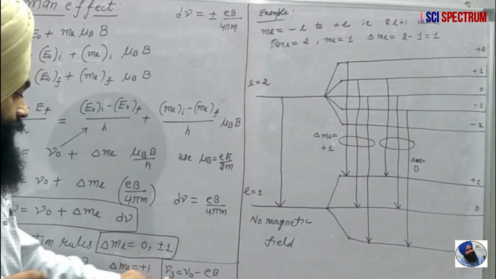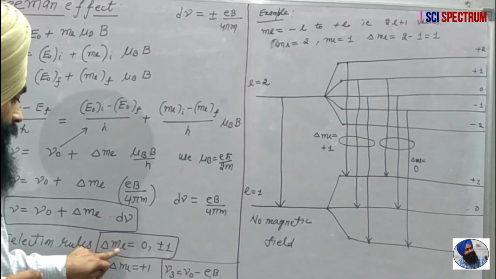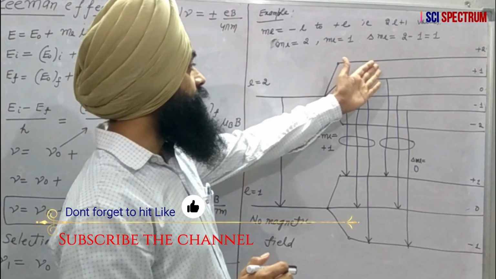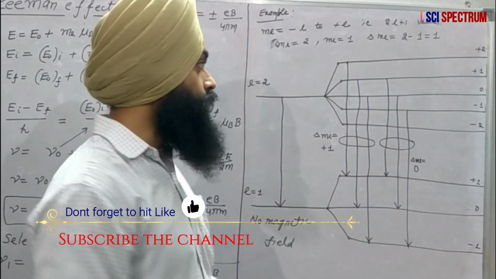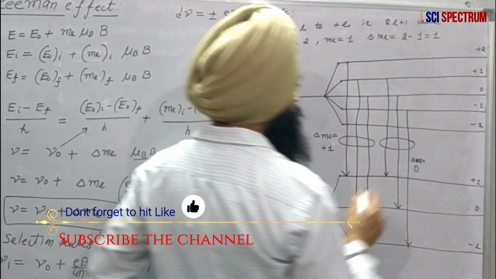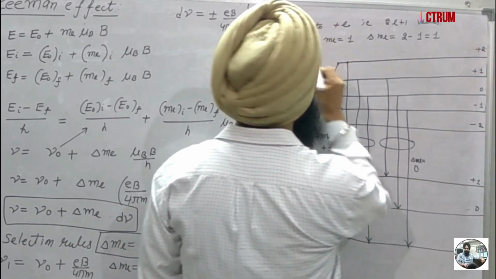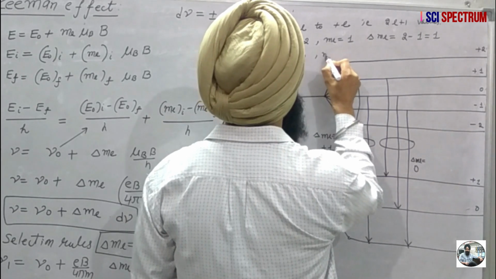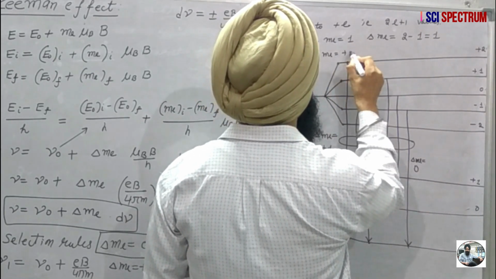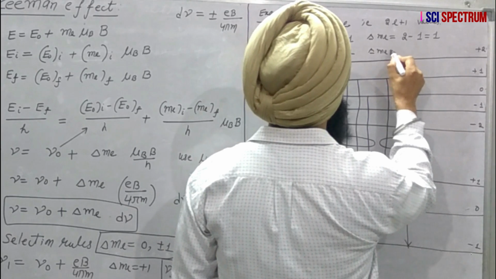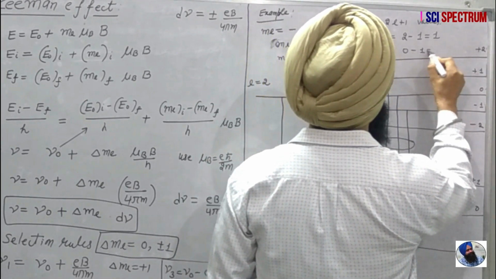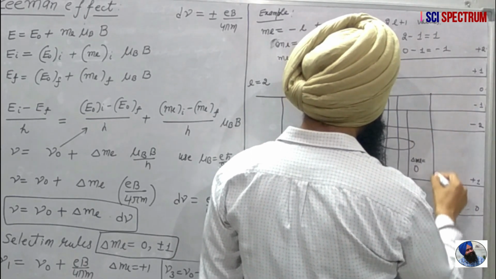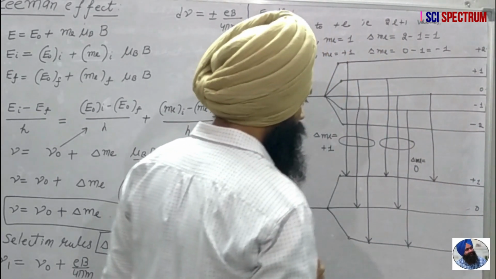Now we will apply the third frequency ν₃ for which Δm_l is equal to -1. Minus means initial minus final should be equal to -1. For this we can consider 0: if we take initial m_l 0, final m_l +1, then Δm_l will be 0 minus 1 is equal to -1. So here we have 0 to +1.